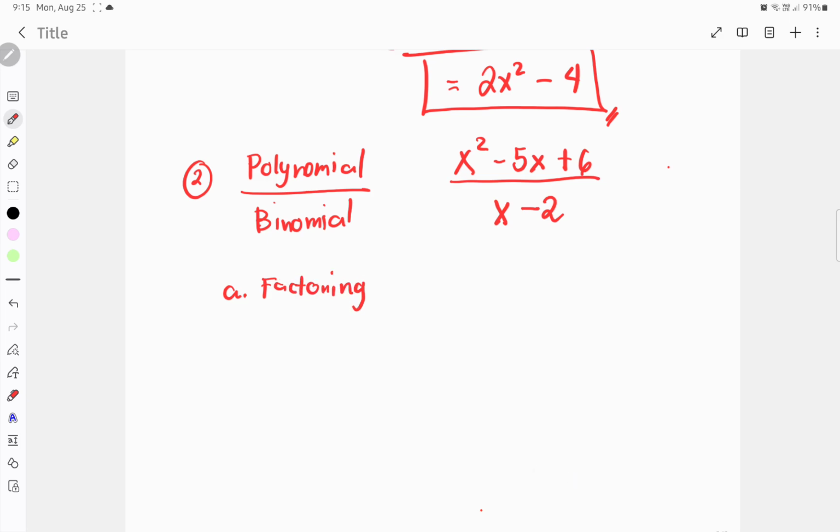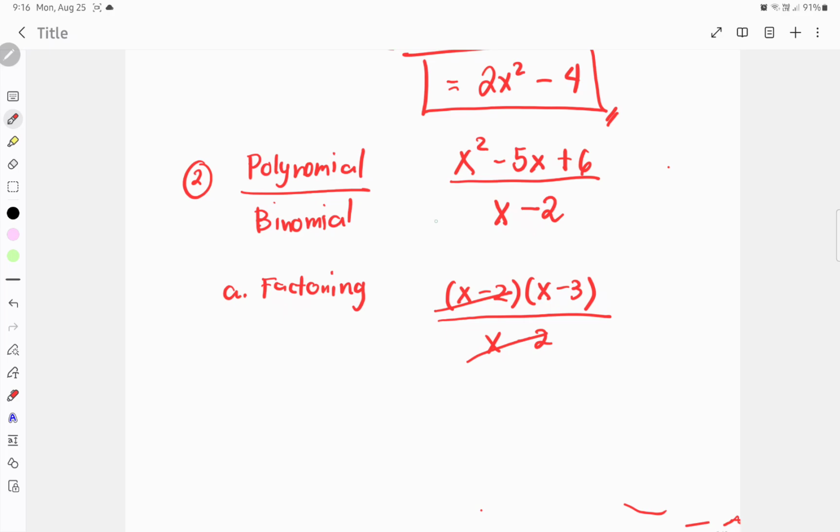Now when we use factoring, we write an expression into a product of 2 or more expressions. Like for example, x squared minus 5x plus 6 could be written as x minus 2 multiplied by x minus 3. Those are the factors, and then divided by x minus 2. As you can see, the polynomial, which is the dividend, can be cancelled by the divisor x minus 2.